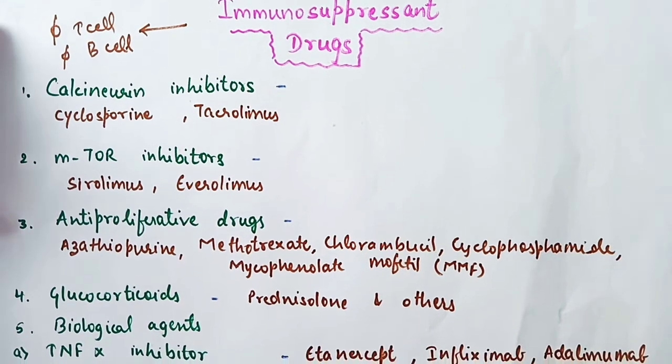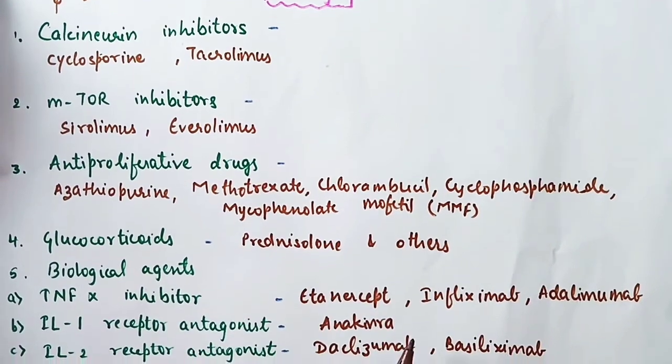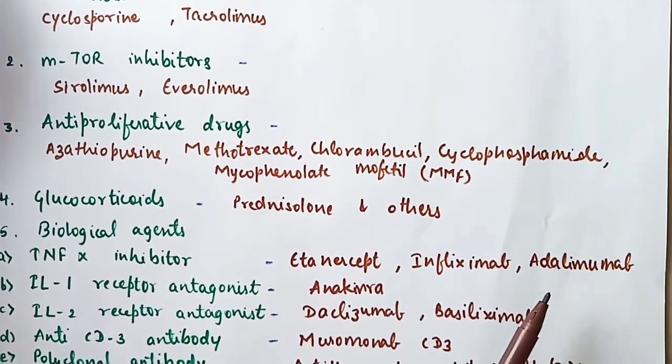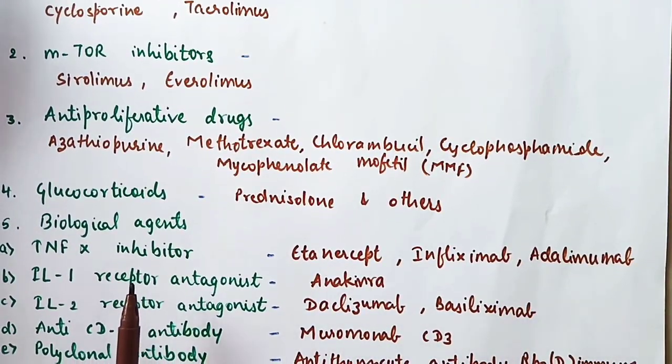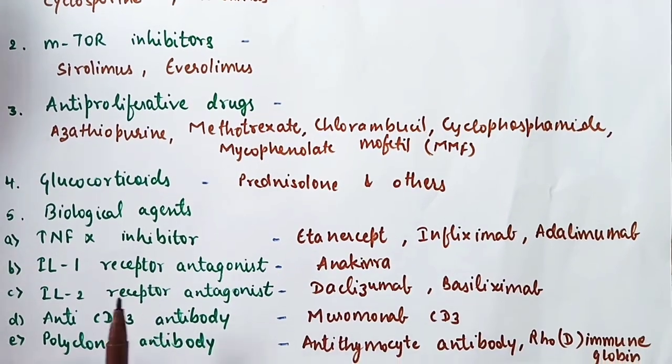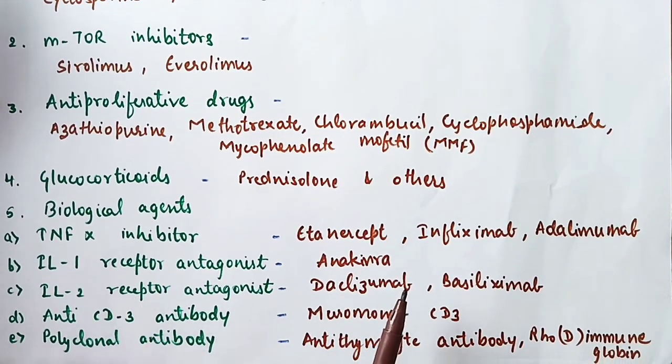Biological agents: TNF-alpha inhibitors, that is etanercept, infliximab, adalimumab; IL-1 receptor antagonist, anakinra; IL-2 receptor antagonist, daclizumab, basiliximab; anti-CD3 antibodies, muromonab-CD3; and polyclonal antibodies, anti-thymocyte antibody, Rho(D) immunoglobulin. So this is a detailed classification.